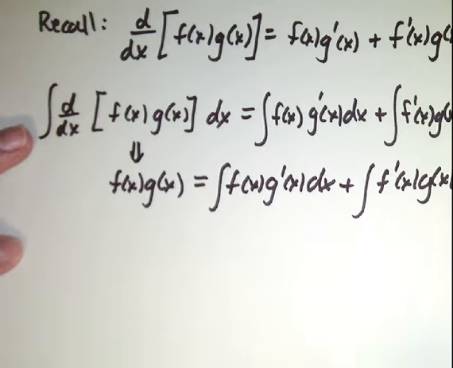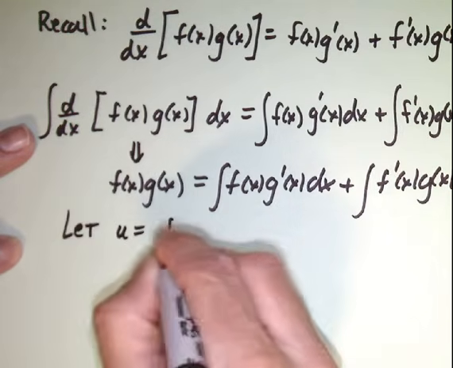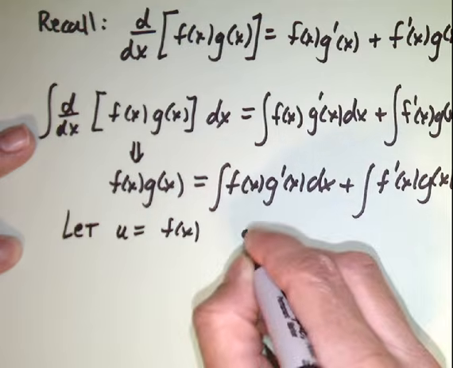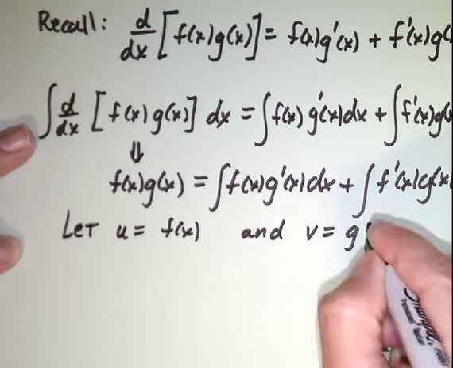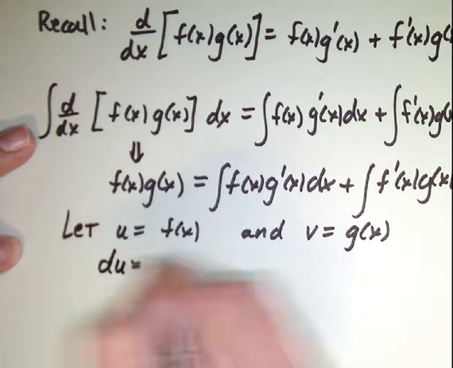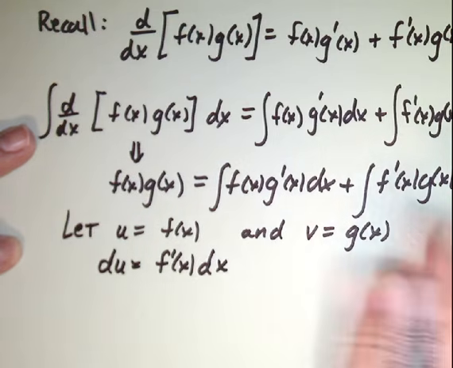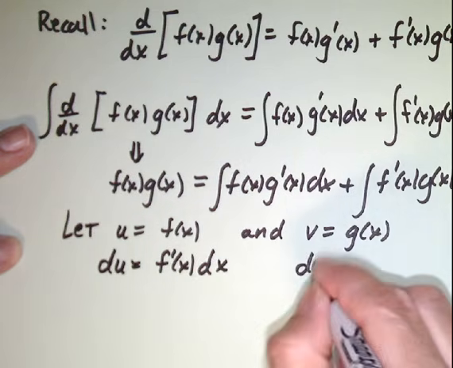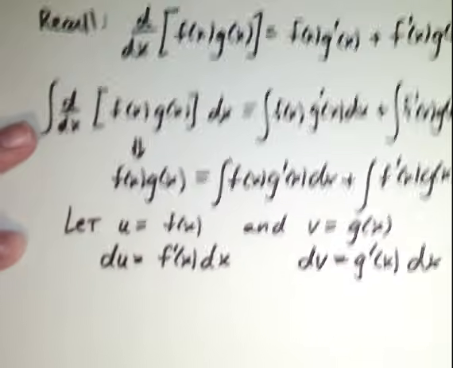Okay, now to make this a little cleaner, or in a form that will be easier to remember, let's do a change of variable. Let u be equal to f of x and v be equal to g of x. Well, this means du is going to be f prime of x dx, and dv is equal to g prime of x dx, just like when we did u substitutions.